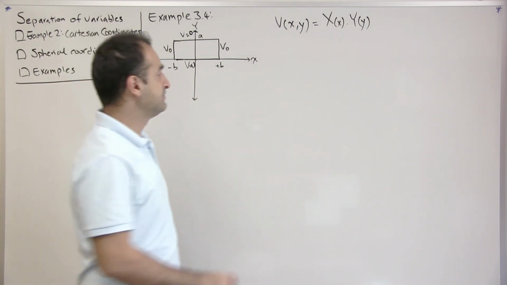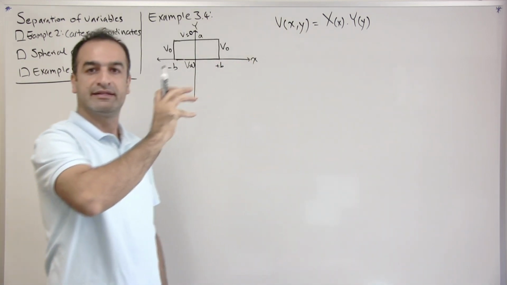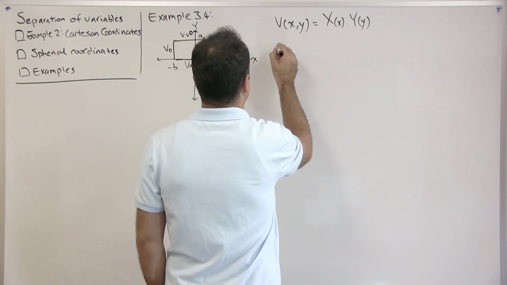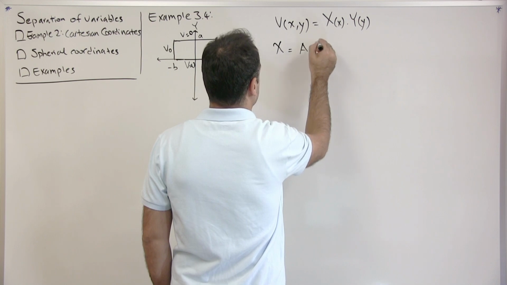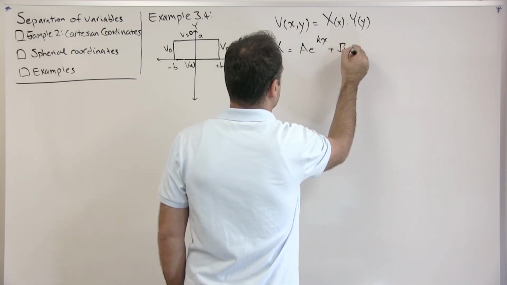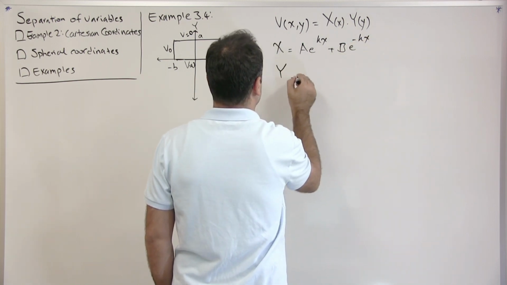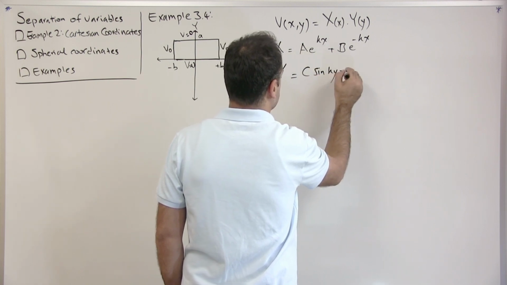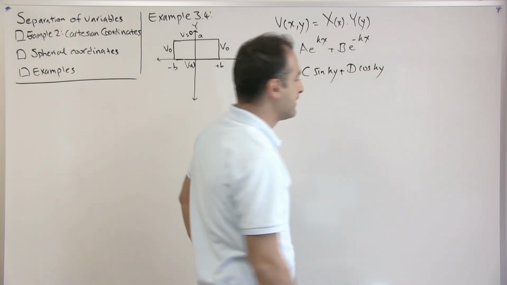Then we said if we do separation of variables, we get an ordinary second order differential equation, and the solution for X has the shape of A times e to the power of kx plus B times e to the power of negative kx, and the solution for Y has the shape of C sine ky plus D cosine ky.